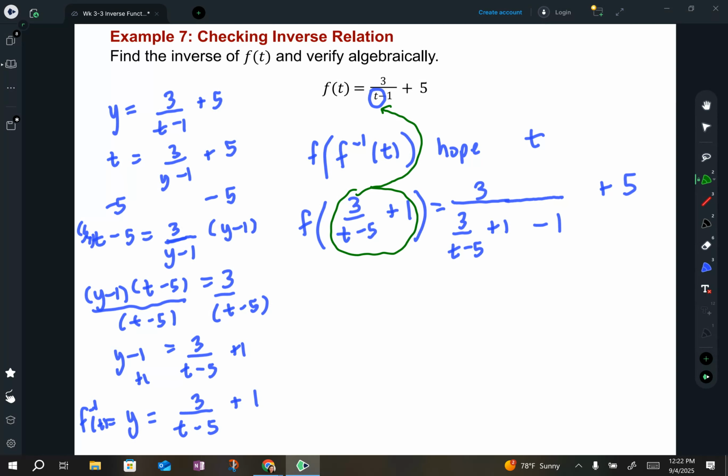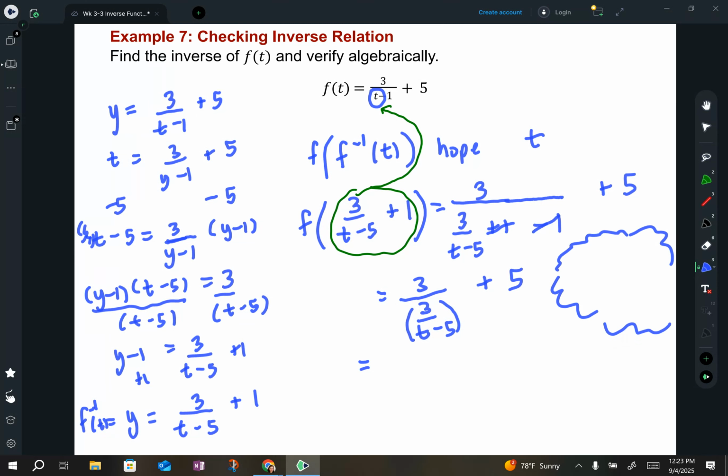And so let's keep going. We can simplify. Well, the plus 1 and minus 1 cancel each other out. So that gives me 3 over 3 over t minus 5, plus 5. And remember, when I divide by a fraction, that's the same as multiplying by the reciprocal. I'm just going to do that in a little thought bubble so you can follow my algebra if this is a little rusty.